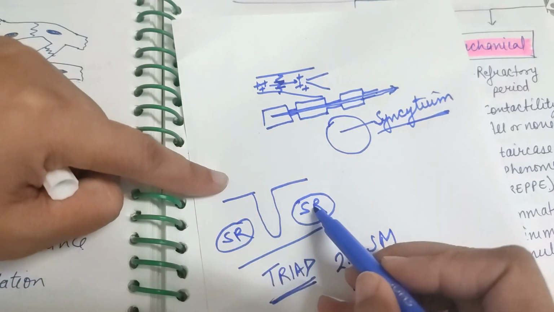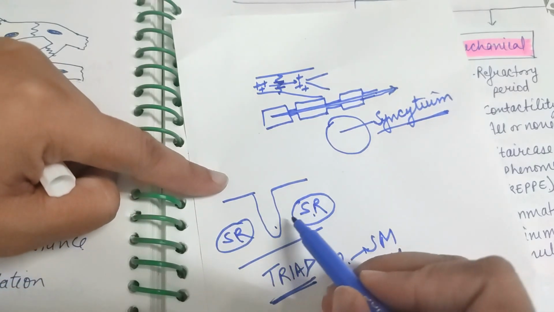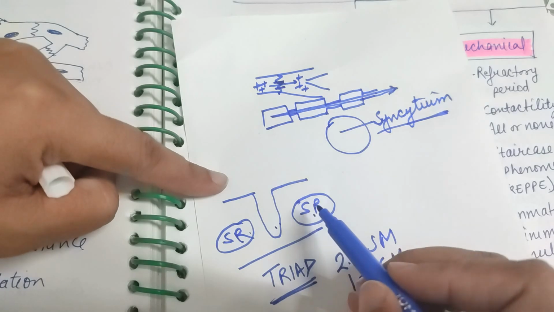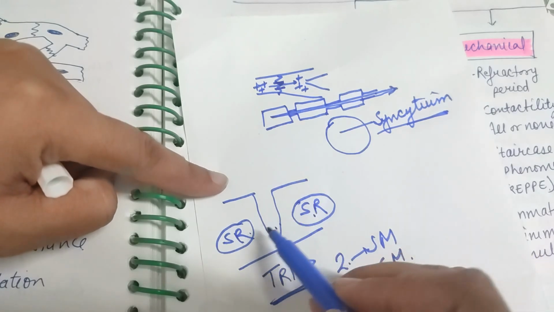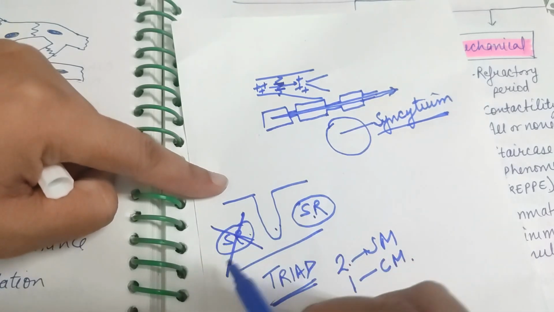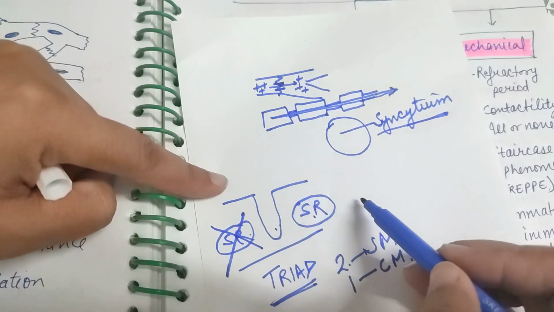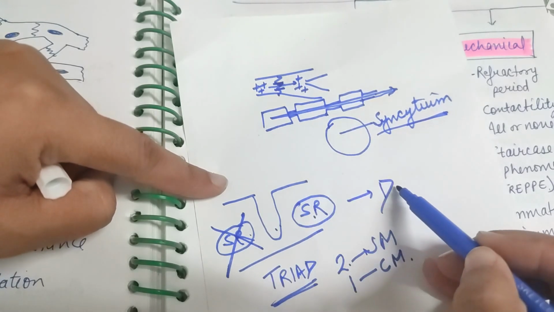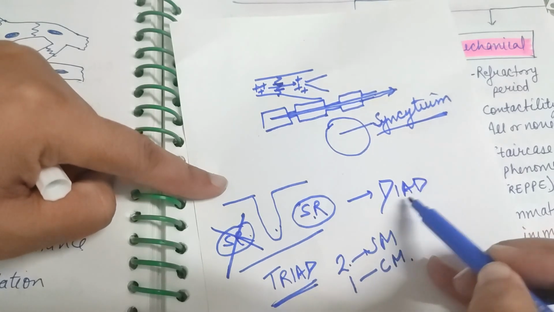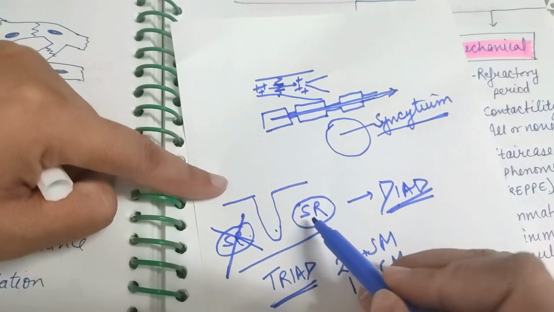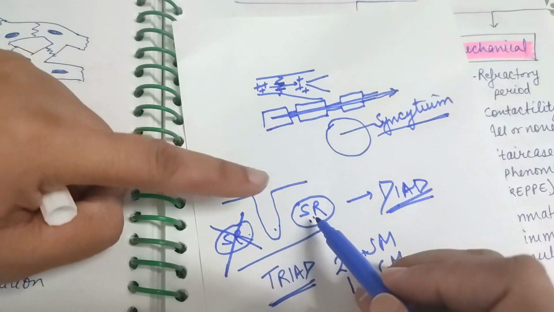But if you see closely, these three things, 1, 2, 3, make a triad. In cardiac muscle one SR is missing here, so there is one T-tubule and one SR. So it should actually be called a dyad, not a triad, right? A dyad arrangement is present in cardiac muscle.